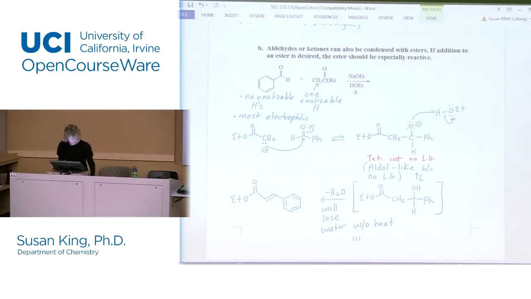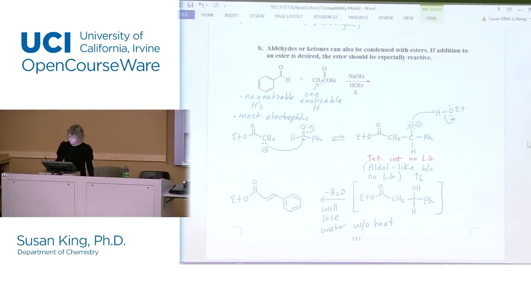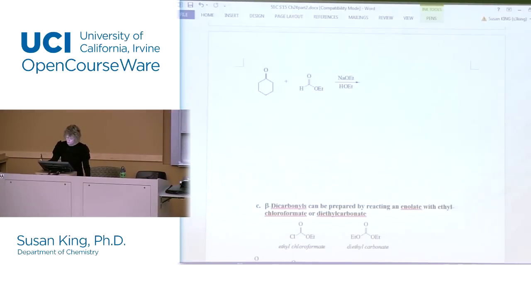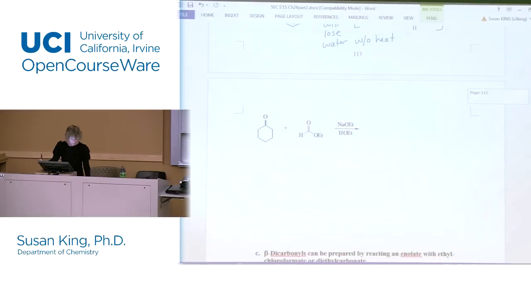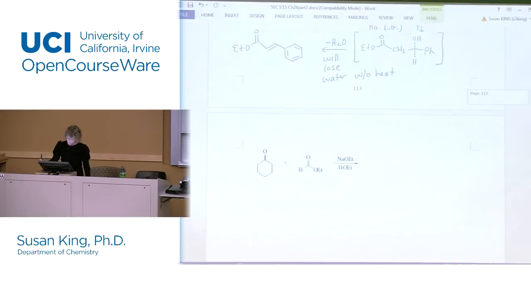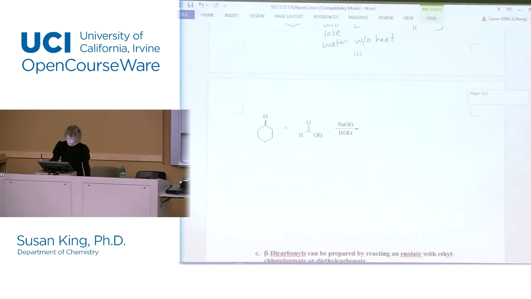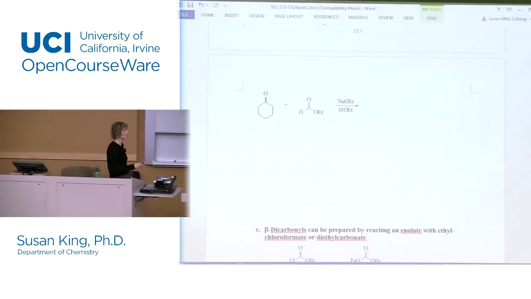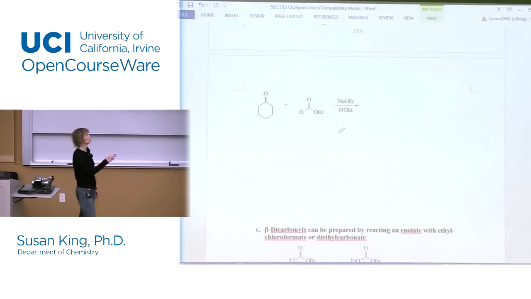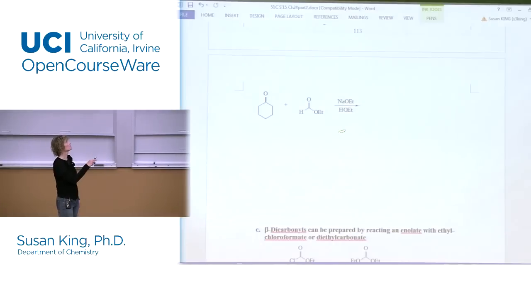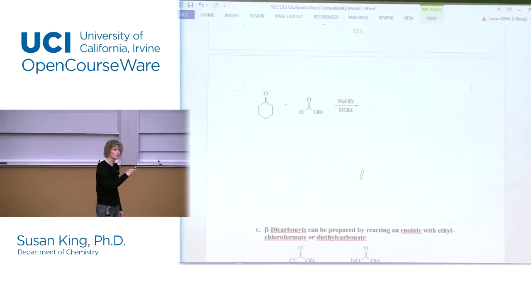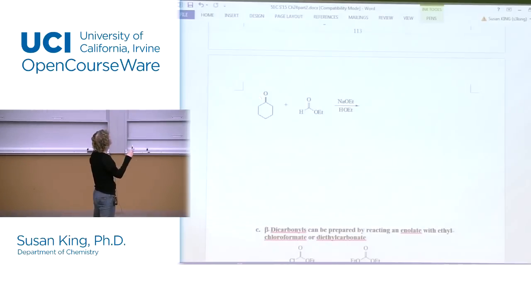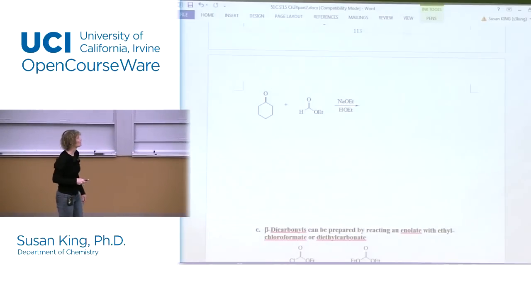All right, so the other thing we want to do, let's get some more examples. So you will see something like this on the midterm, and when you see some sort of base like this, sodium methoxide, ethanol, or sodium hydroxide, water, and heat, you're going to know it's a condensation reaction.